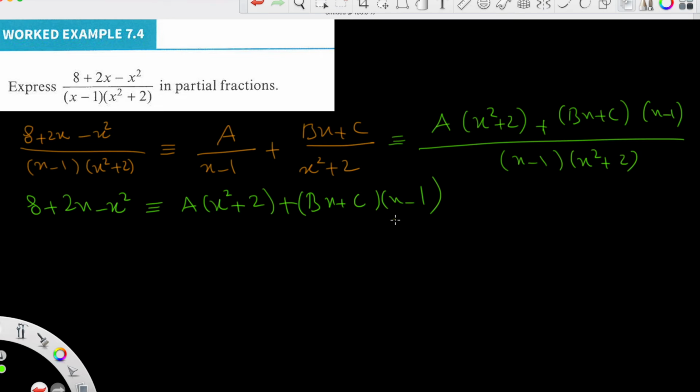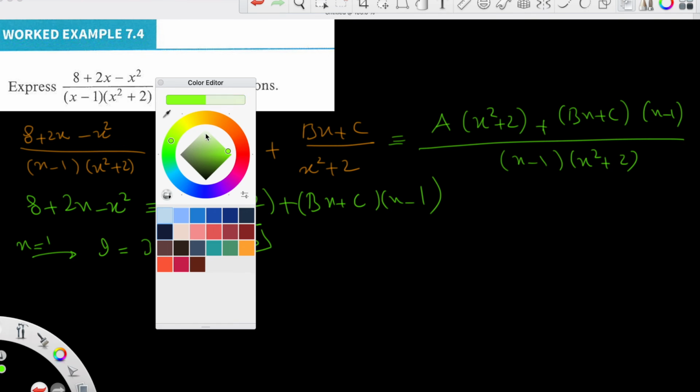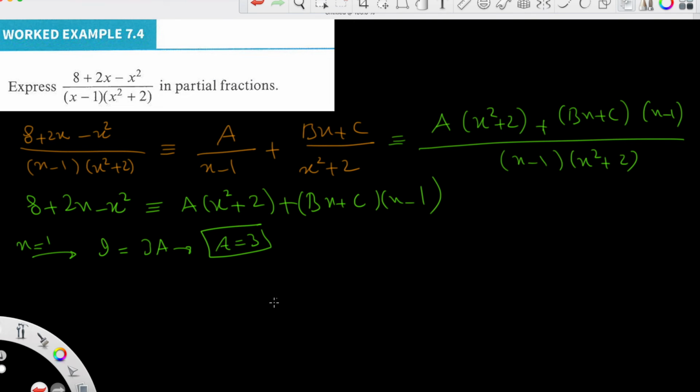Now, to omit b and c, you can simply replace x by 1, which is the root of this expression. So it will be 8 plus 2 minus 1, which is 9, is equal to 1 squared plus 2, which is 3a. So a is 3. Now, in order to find b and c, for example, let's replace 0 here, because if you replace x by 0, then b will be eliminated.